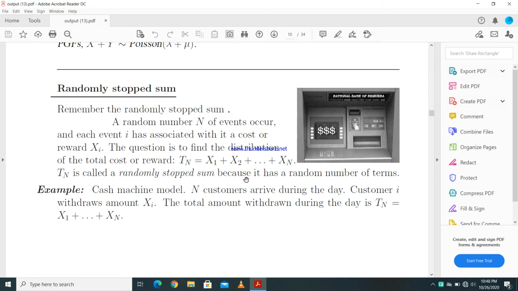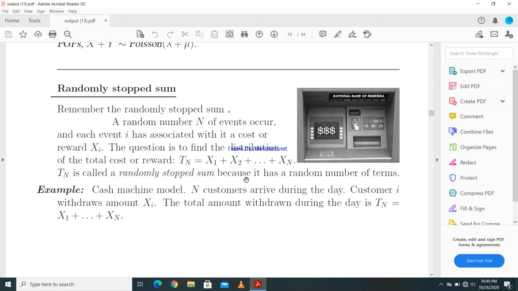If you remember, in stochastic processes 1, we discussed a concept called the randomly stopped sum. The most common example we discussed was the ATM machine. Within a given day, many customers come to use the ATM machine.